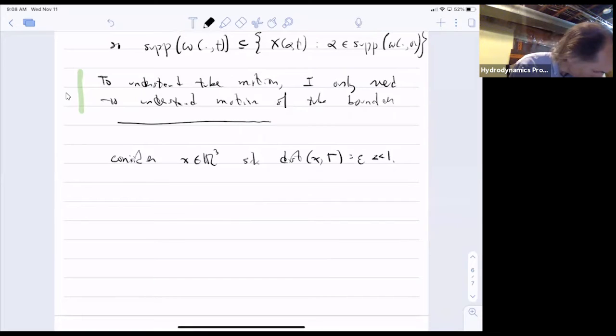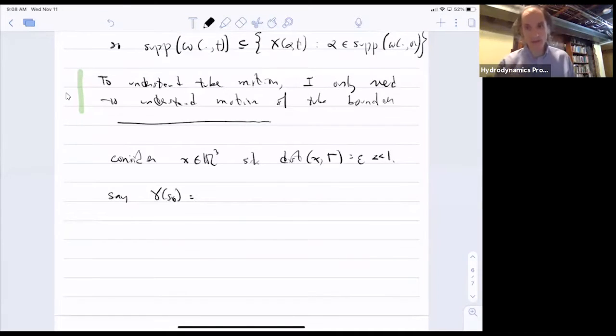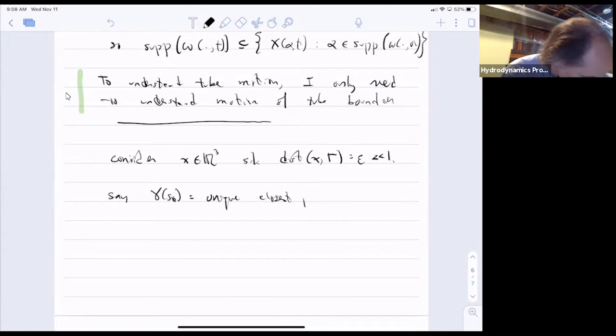I'm thinking of gamma as being a smooth, injective curve, so for any point, if epsilon is small enough, there'll be a unique point on the curve, gamma of s naught, which is the unique closest point to x on gamma, where the uniqueness again follows from the smallness of epsilon.